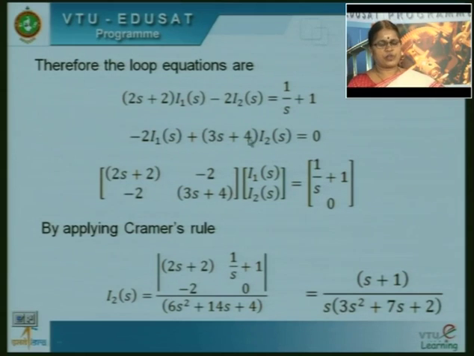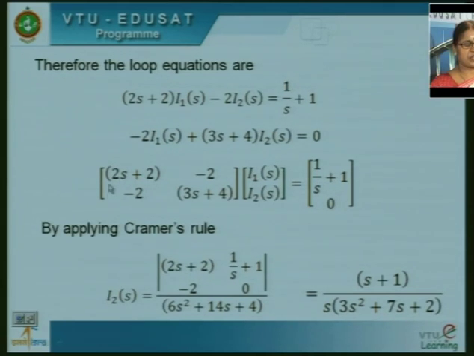So, now I have two equations in terms of I1 of S and I2 of S. To solve these two equations, let me put them in matrix form and use Cramer's rule. The matrix elements are the coefficients of the terms I1 and I2, and on this side it is the source voltages.